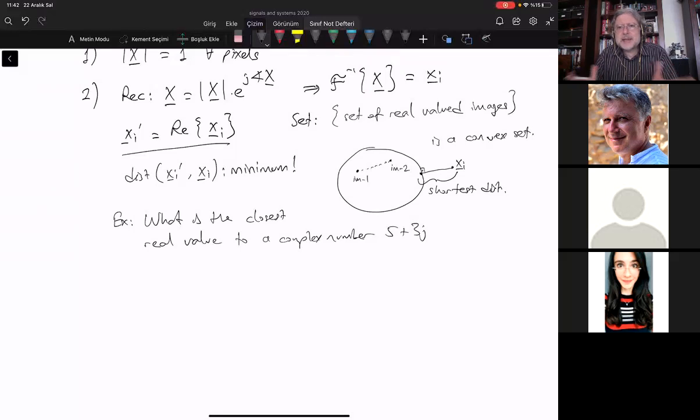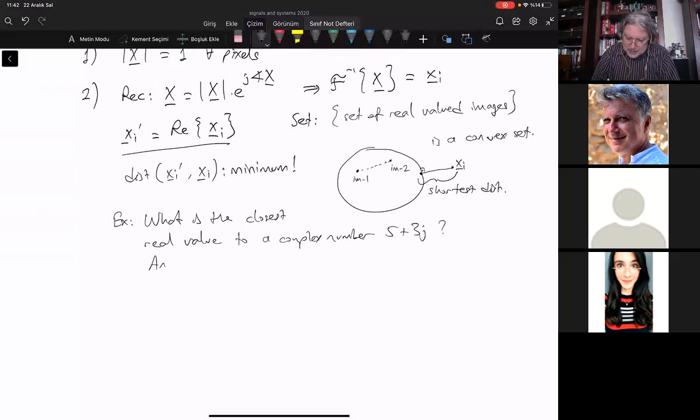So tell me the real value which is closest to 5 plus 3j. It must be real, and the difference, the Euclidean distance between 5 plus 3j and that real number must be minimum. That must be the smallest.